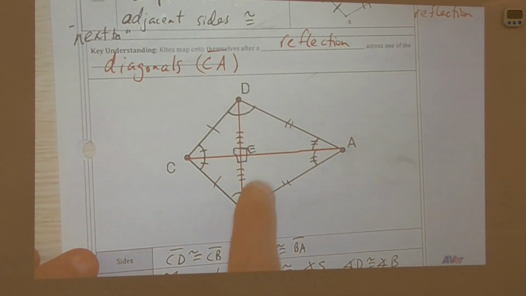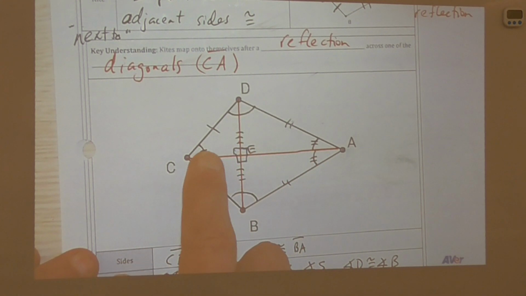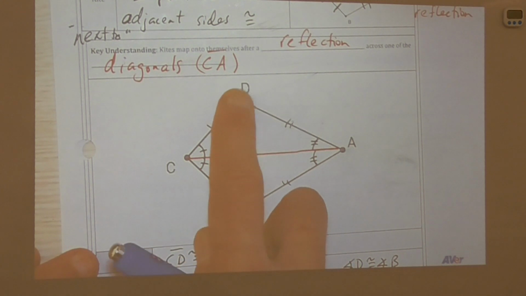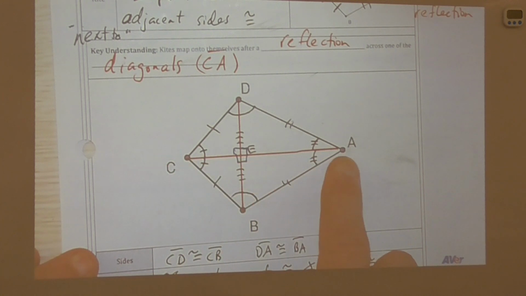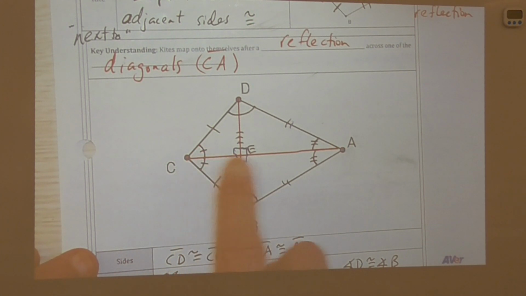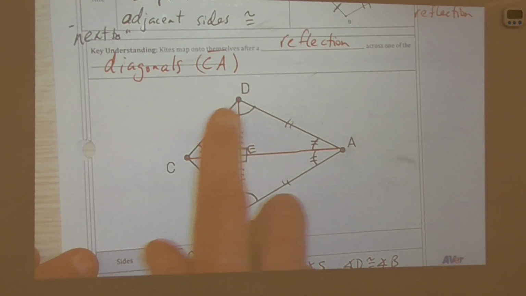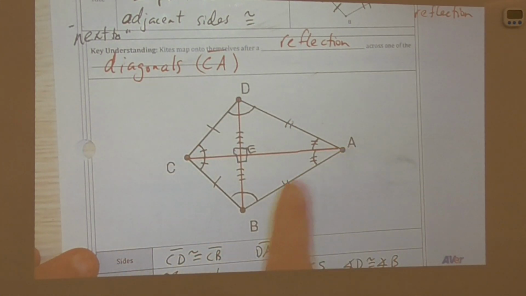And as you are drawing in the diagonals, you're going to be able to see other congruent parts, like this diagonal is bisected, so you have these segments congruent. This diagonal, the longer diagonal in this case, bisects these angles. So we could say, for example, that angle DCA is congruent to angle BCA.